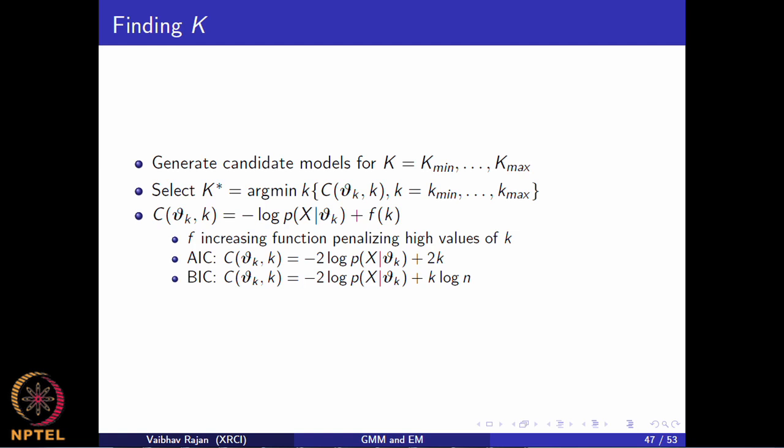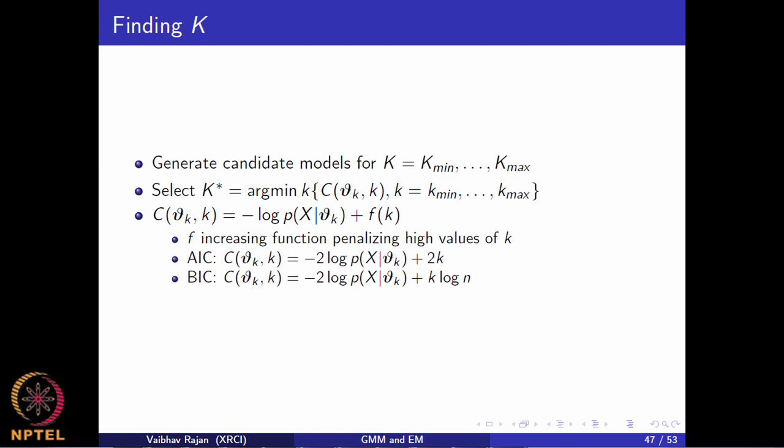There are different criteria that people have discussed. For example, it is something like the regularization that you do in other models. You basically penalize high values of k. So the AIC, Akaike information criterion, is just the log likelihood plus k. Minimizing this will give you the least number of components which can explain the data well.